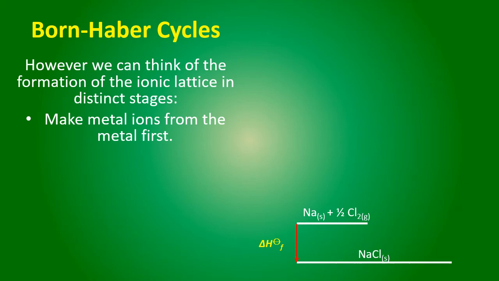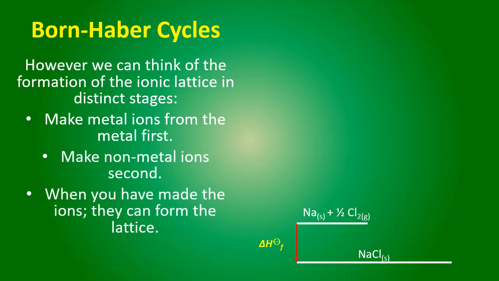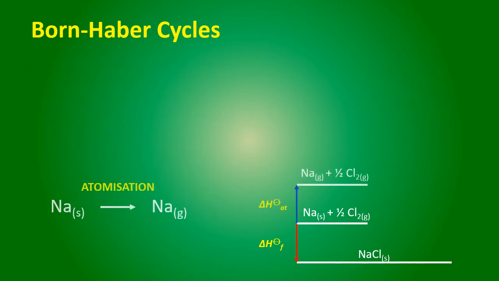So if we're making the ions from the metal first, we would look at atomization. Remember that in the Born-Haber cycle, only one thing will change at each stage. So we've got solid sodium forming gaseous sodium, so we've got atomization there.